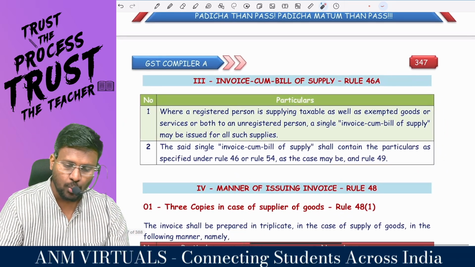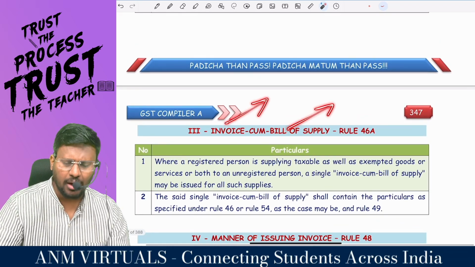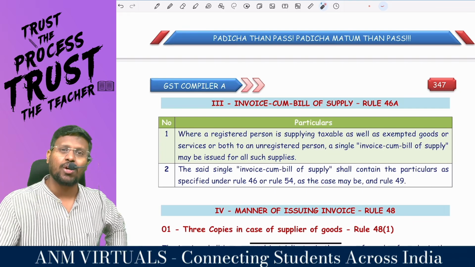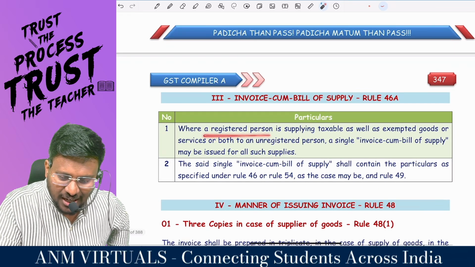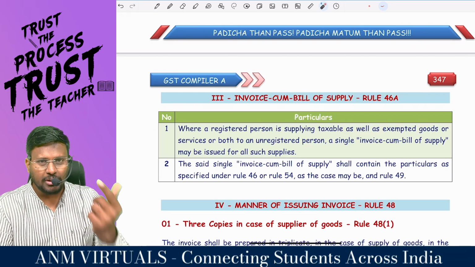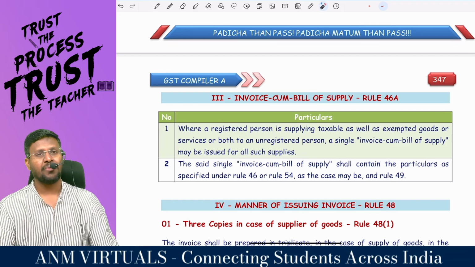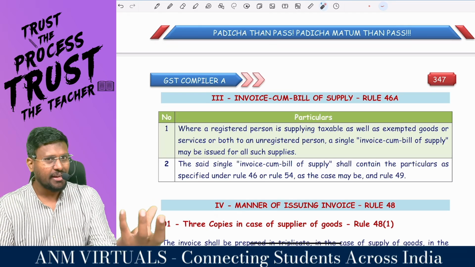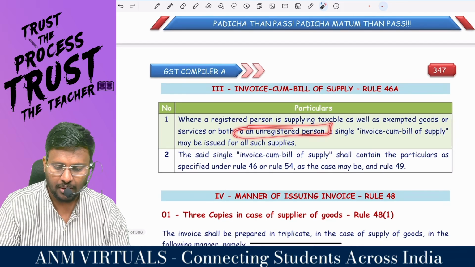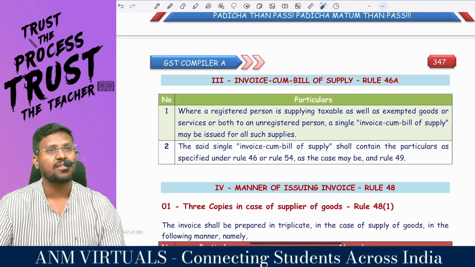The next one, sir, is invoice cum bill of supply. We heard about tax invoice, we heard about bill of supply separately. Now there is a concept called invoice cum bill of supply. Where a registered person is supplying taxable as well as exempted goods, I am supplying both taxable goods and exempted goods, or taxable and exempted services, in a single bill, to an unregistered person, a single invoice cum bill of supply may be issued for all such supplies.